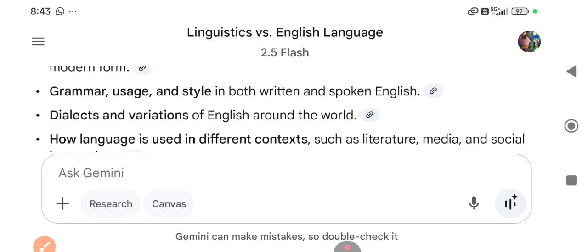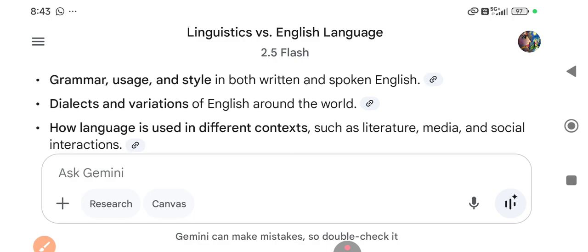I gave you an example: sometimes sentences are similar, but the meaning is totally different, right? Here is another example. If I say I'm going to the market today, when I teach you tenses and the continuous tense, the grammar book says the continuous tense is used when the action is in progress.